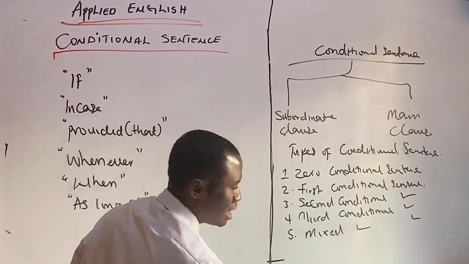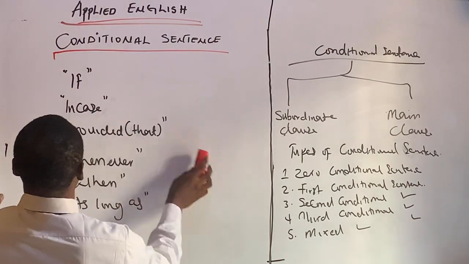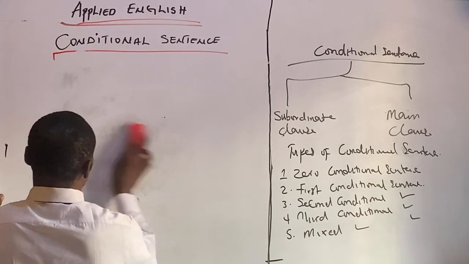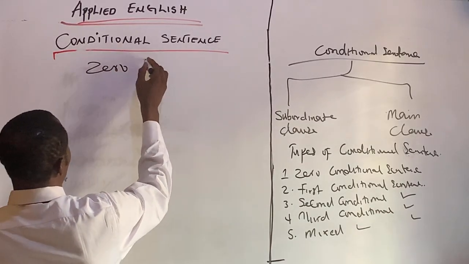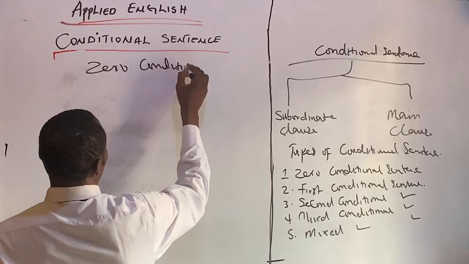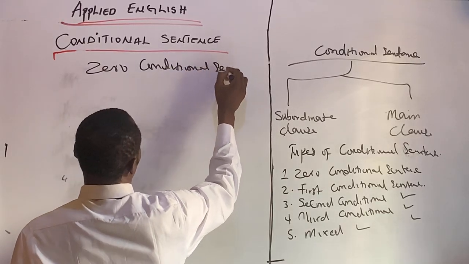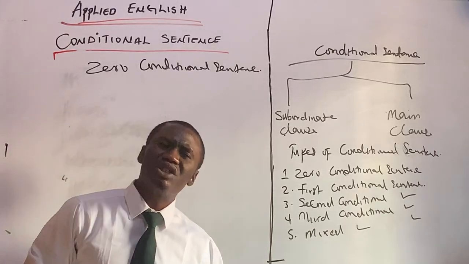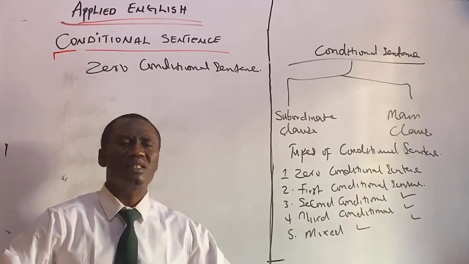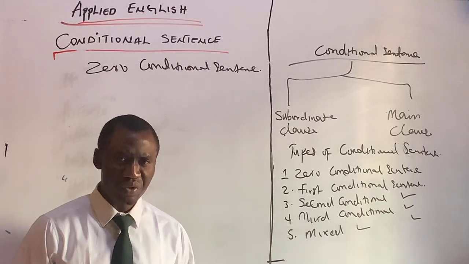What does that mean? Let's clean up the board a little. Now, for the zero conditional sentence, it is practicable, it is durable.